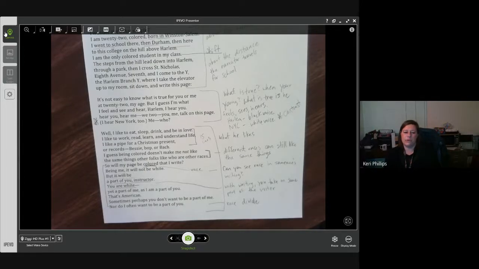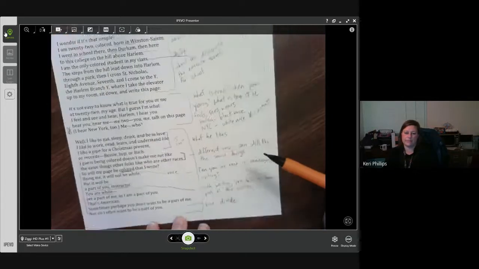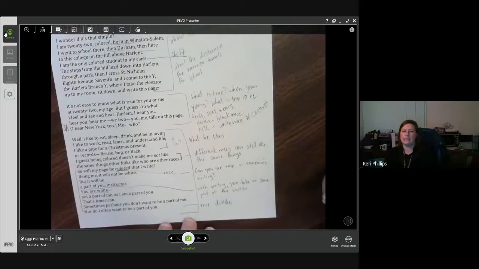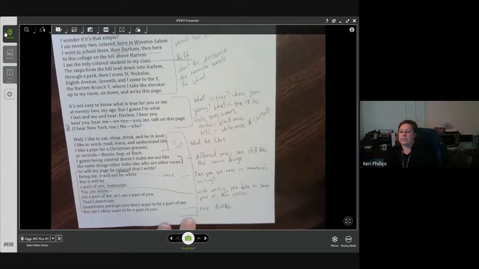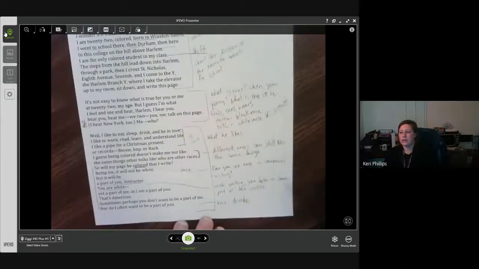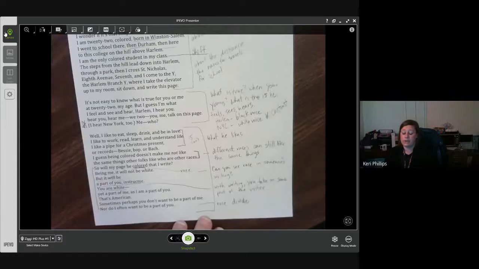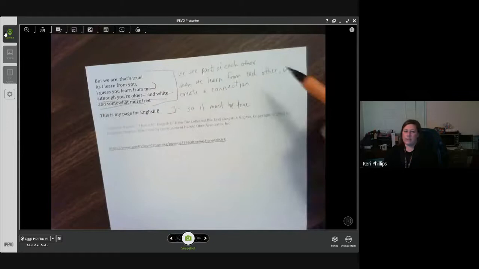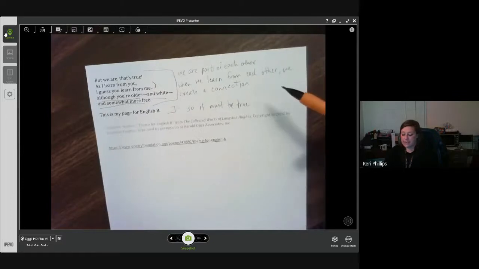And so he's going on about, where does race really end? When we're reading each other's work, does race matter? I don't know. I don't have an answer for him. But ultimately, the end, this is contrast.